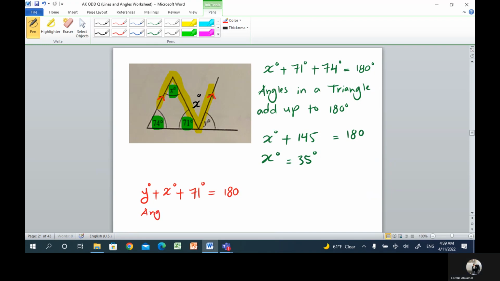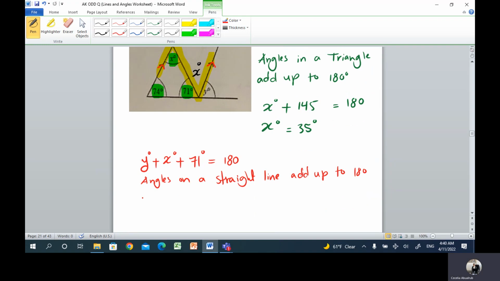Angles on a straight line add up to 180. So y is the unknown. Can we replace the x with 35?